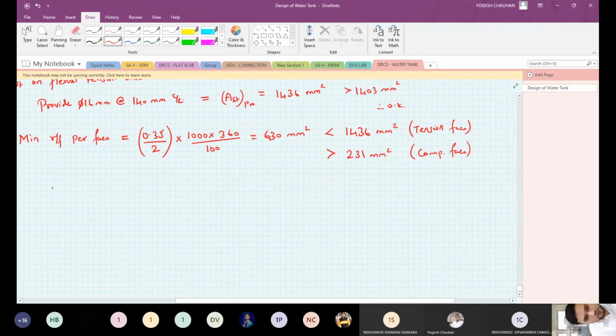So let us provide 12 mm at the 170 mm center to center. This is on the flexural compression side.